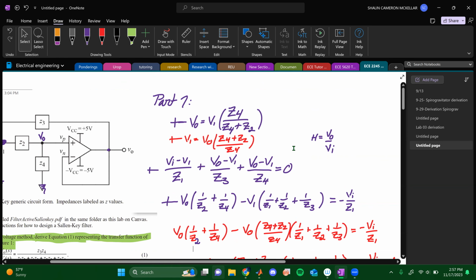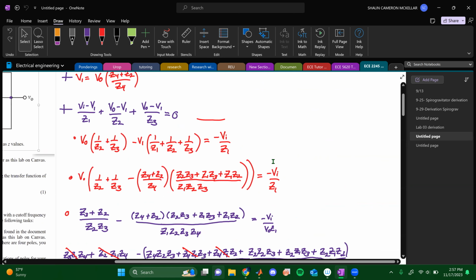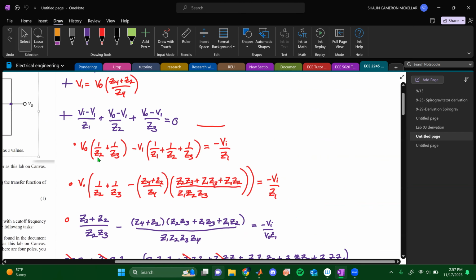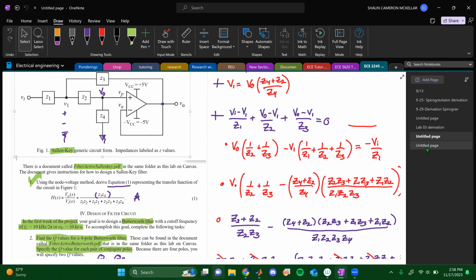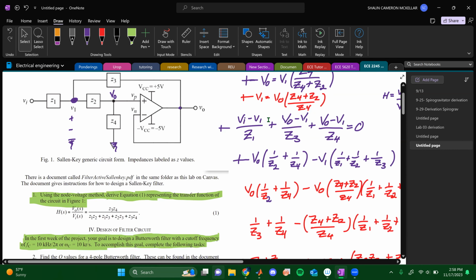Wait, is that right? So this is the node voltage equation from the previous solution. Should be the V out has 1 over Z2 and 1 over Z3. And oh yeah, so V out minus V1 over Z3. V out minus V1 over Z2.